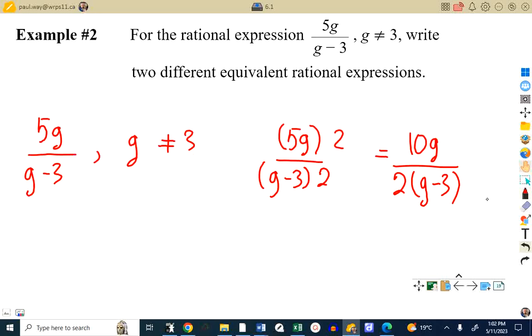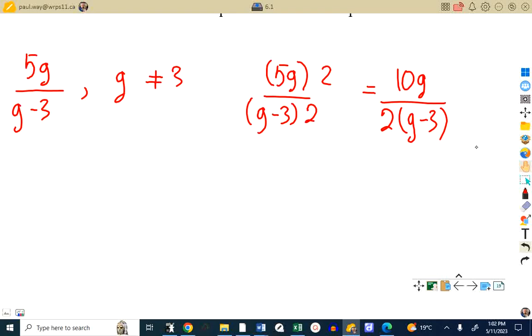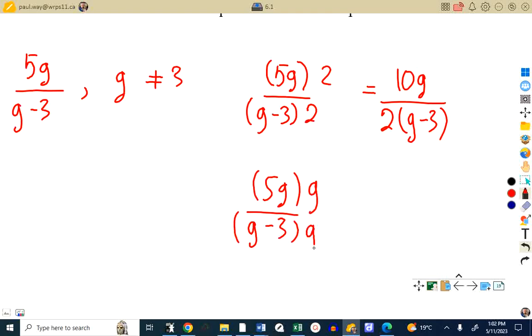Can I do something like this? Can I take 5g over g minus 3 and multiply top and bottom by g? Why not? G over g is still allowed. It's 1. So I get 5g squared over g times g minus 3.